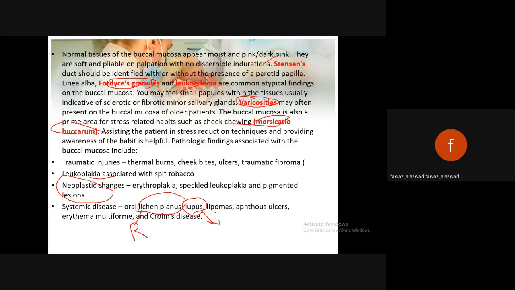Sometimes we could demonstrate the presence of lipoma, ulcers, recurrent aphthous ulceration, mostly the minor type, while the major type mostly presents on the palate, and EM, erythema multiforme, sometimes related to medication, and Crohn's disease. The early manifestation of Crohn's disease may occur in the oral cavity as recurrent aphthous ulceration.